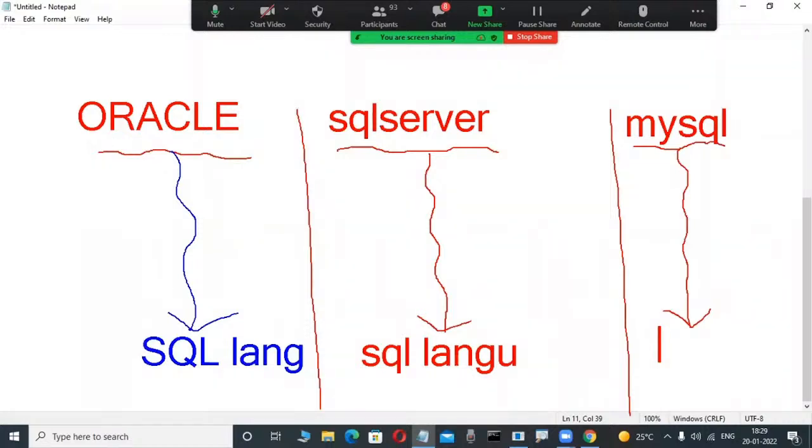They operate the MySQL database also using SQL. So SQL is a universal language.